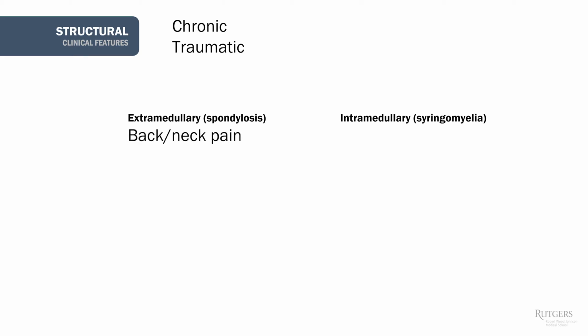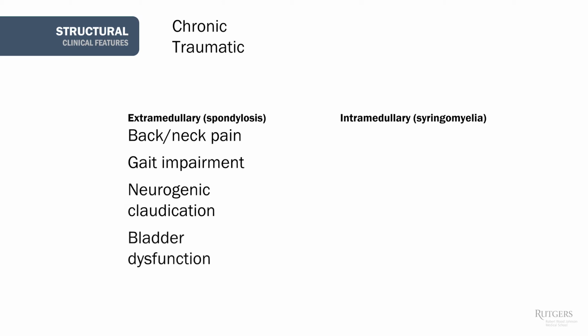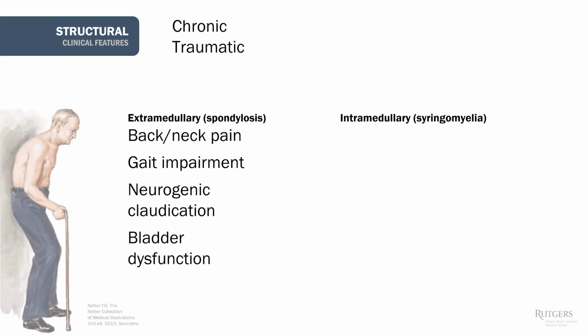Back pain, gait impairment or spastic gait because legs are represented laterally in the descending corticospinal tract, neurogenic claudication, and bladder dysfunction. Think of an older patient with back pain, bent over posture, and incontinence who cannot walk long distance without pain and cramping in the legs.